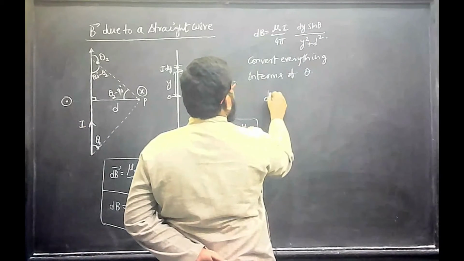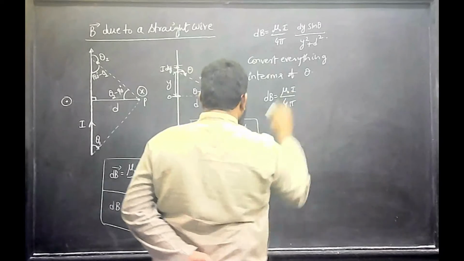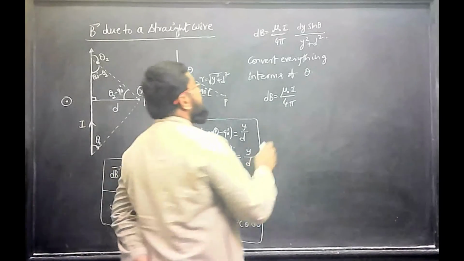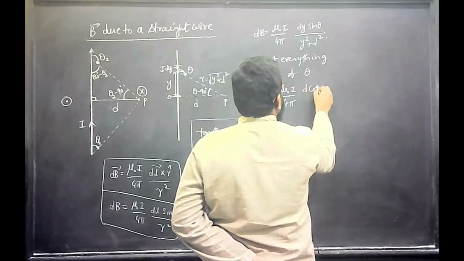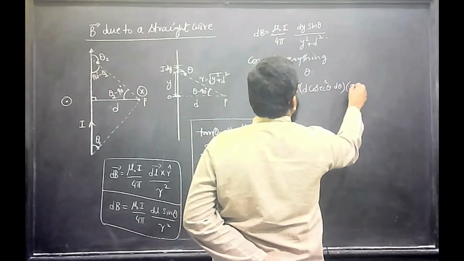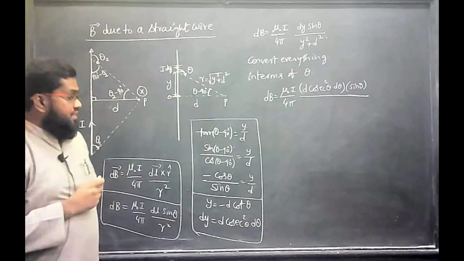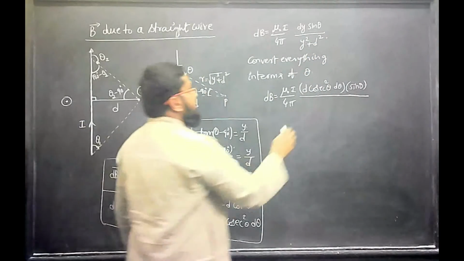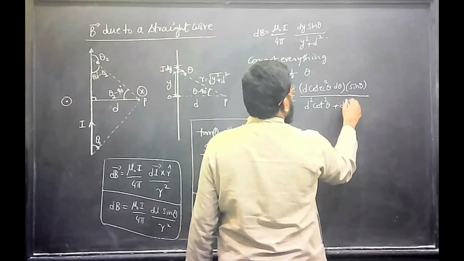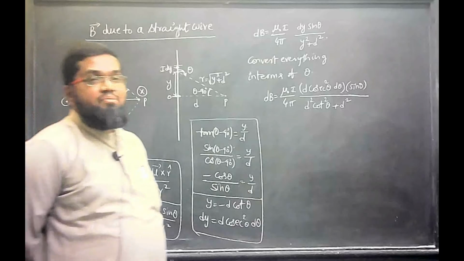So dB is equal to mu naught I by 4 pi, dy that is d cosec square theta d theta, into sin theta divided by y square plus d square. Here y square is d square cot square theta, so the denominator is d square cot square theta plus d square. Then what about 1 plus cot square theta?